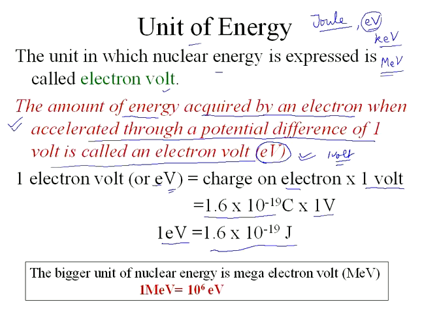So if you have to convert electron volt into joule, you multiply by this factor 1.6 × 10^-19. The bigger unit of nuclear energy is the mega electron volt. As such we use mega electron volt for nuclear energy, and that is equivalent to 10^6 electron volt.